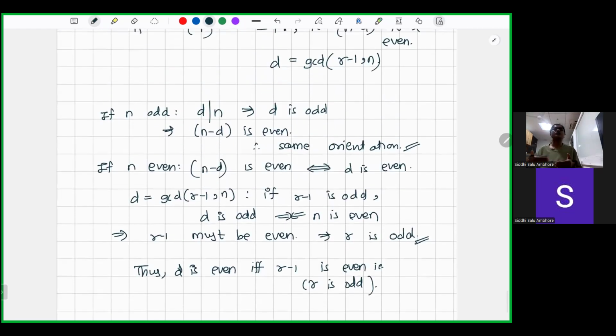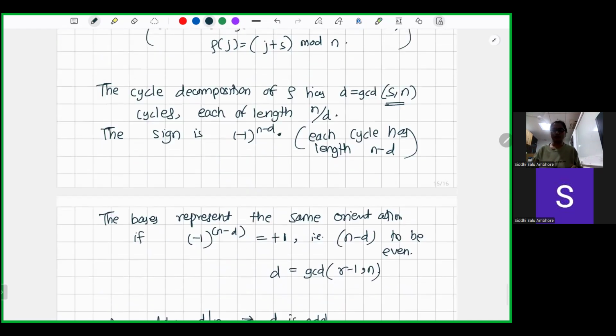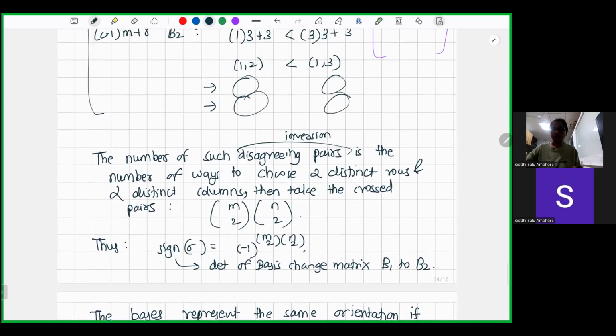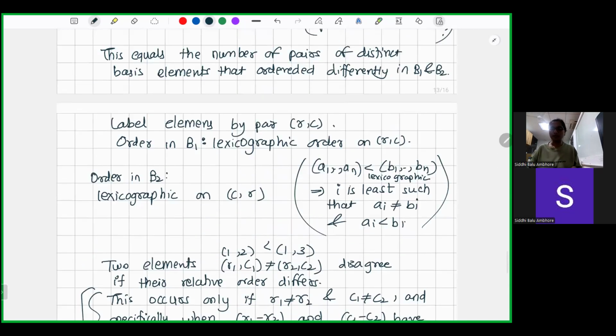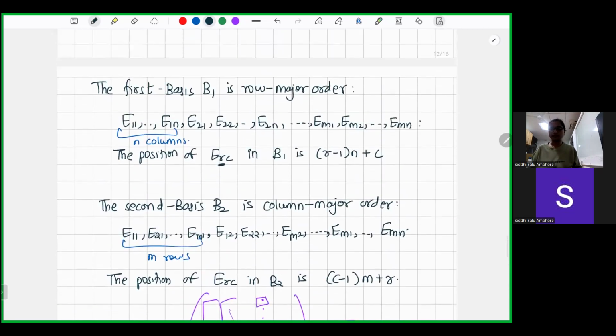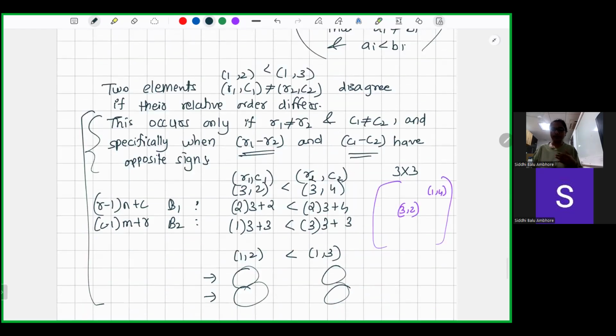There were two cases: n odd, we were okay, and the moment n is even, r must be odd. So in both cases, either n or r is odd, and that's what was asked in the question. I hope this is fine.